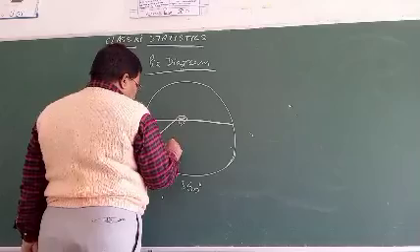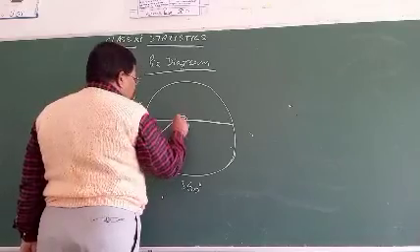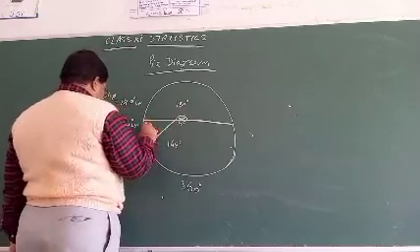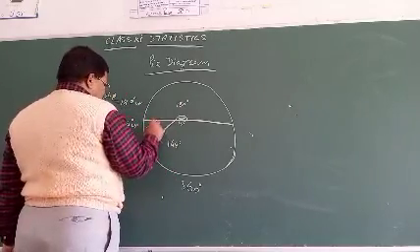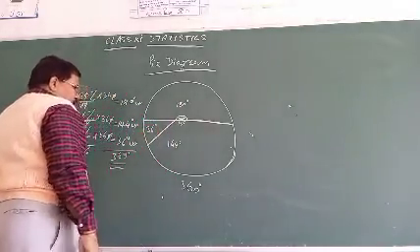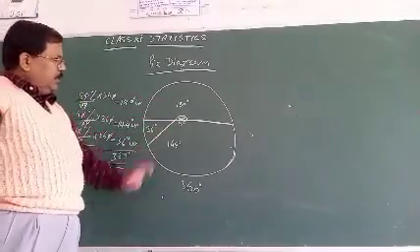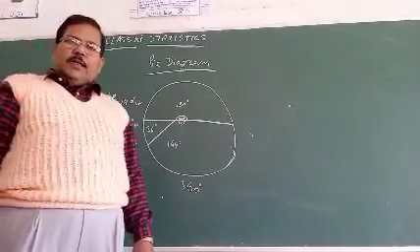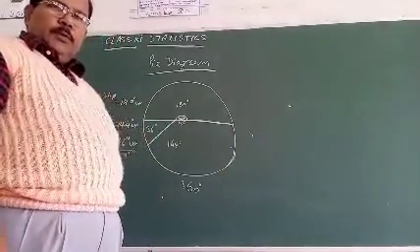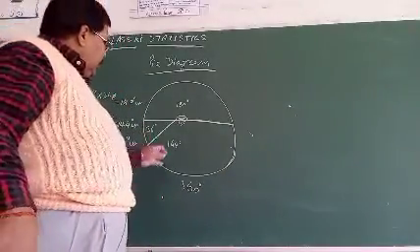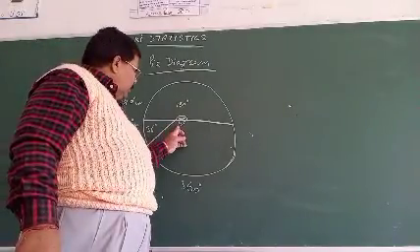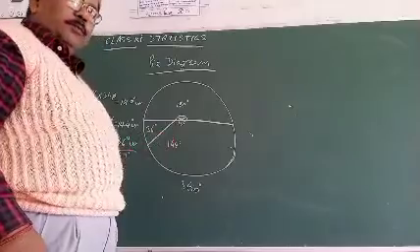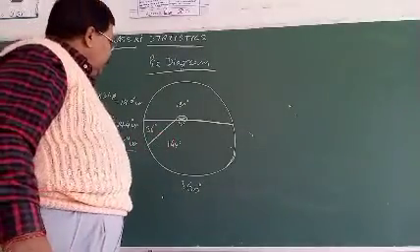This is 144 degree, this is 180 degree, and this is 36 degree. In this way, we can present the data with the help of protractor in a circle, that is in a pie diagram.